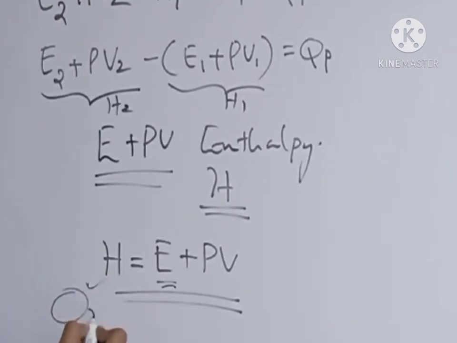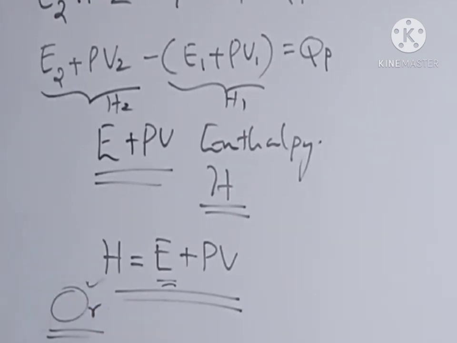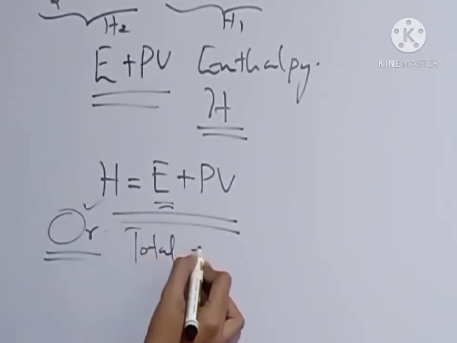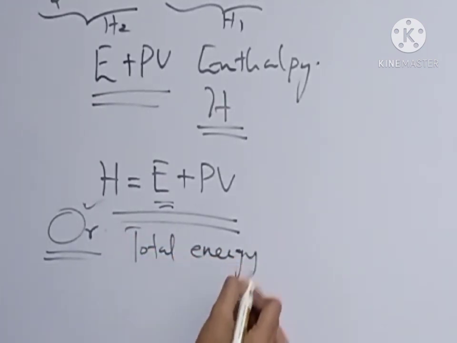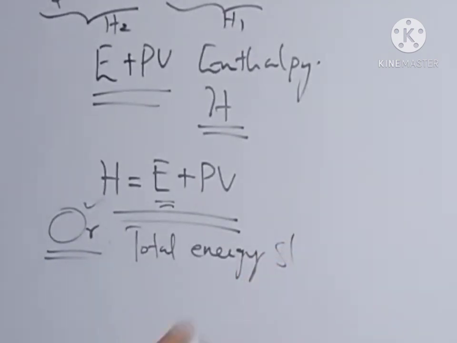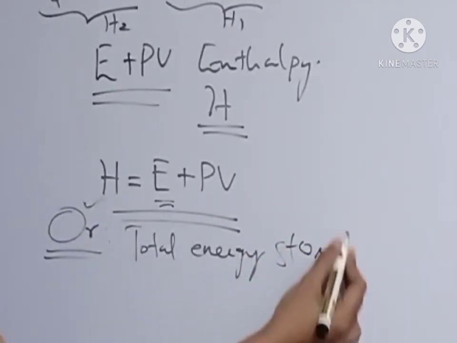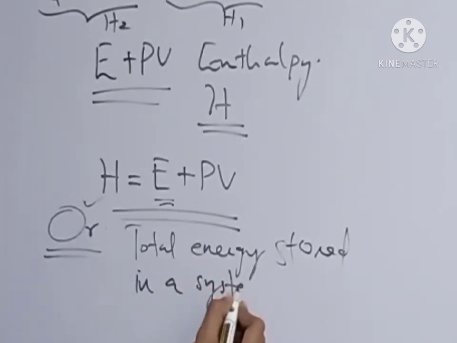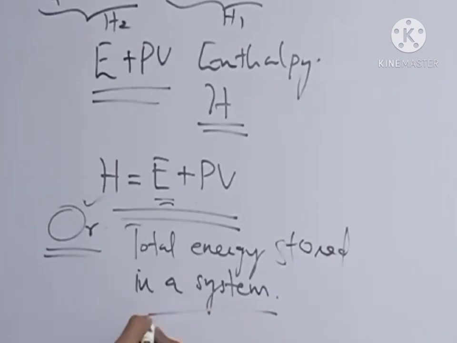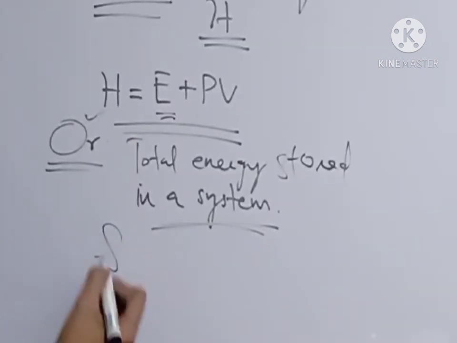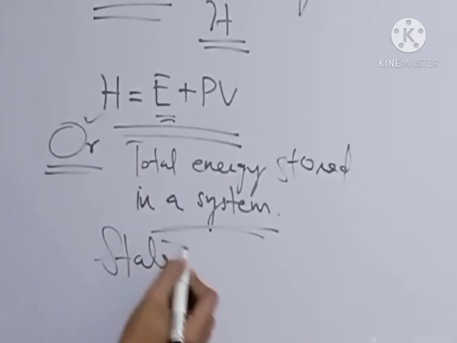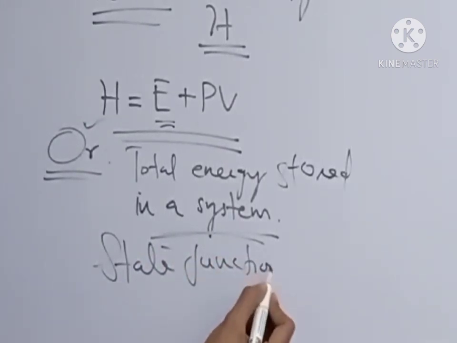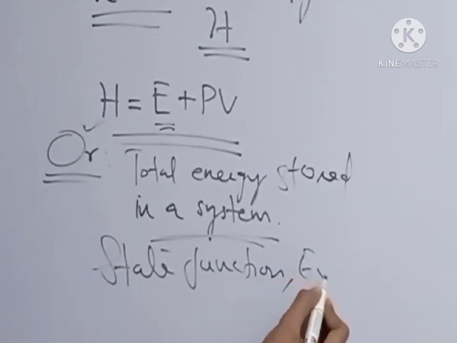Or we can define it as the total energy of a system. It is the total energy stored in a system, and it is a state function and an extensive property.